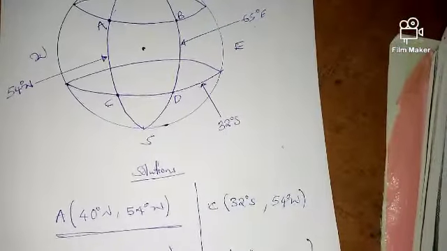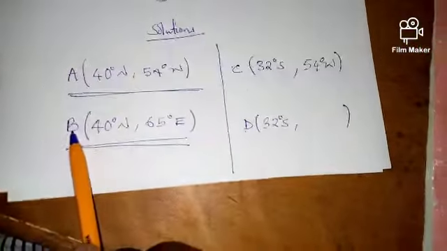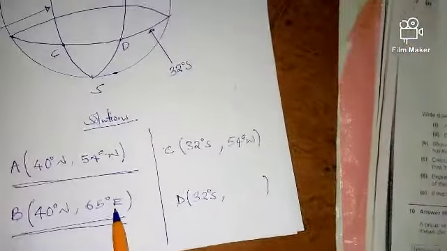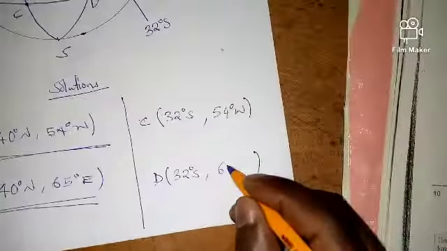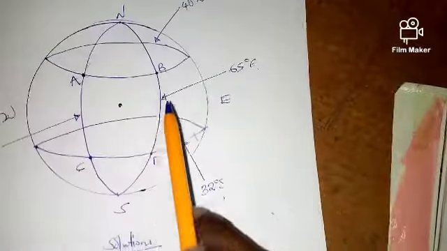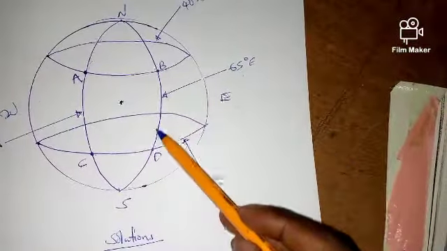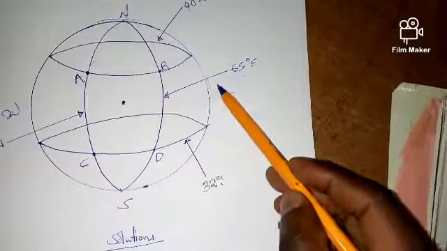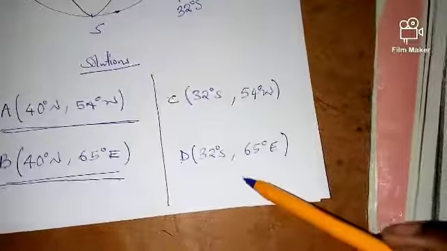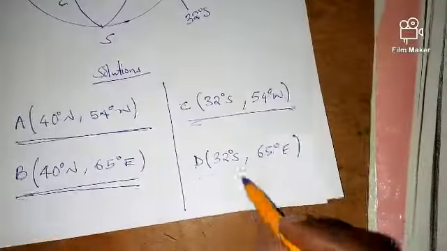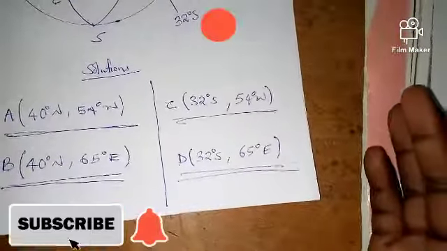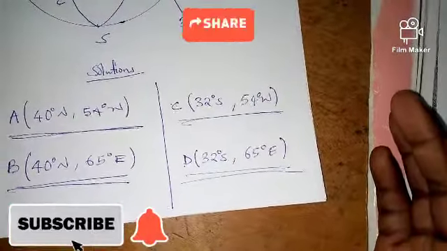So meaning that if you go to point B, the longitude it's lying on is 65 degrees east. So that means that even D is also lying on 65 degrees east. And you can see even in the diagram that the longitude where B and D are lying is 65 degrees east. So look at the solutions I have here for town C and town D, or point C and point D, and compare them with your solutions and see if you're correct.